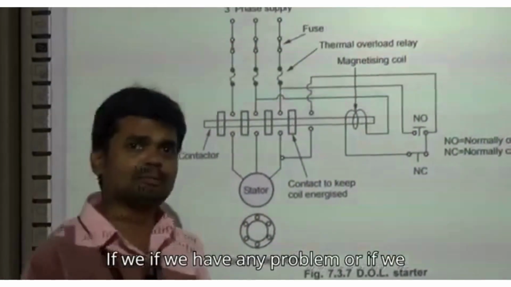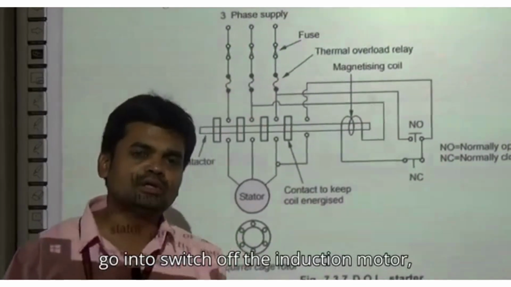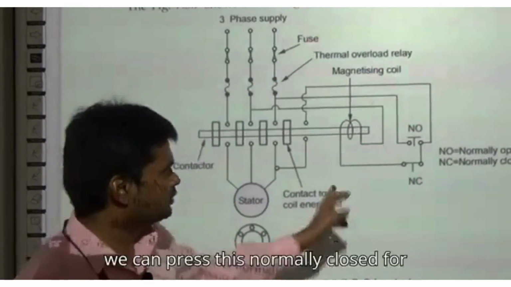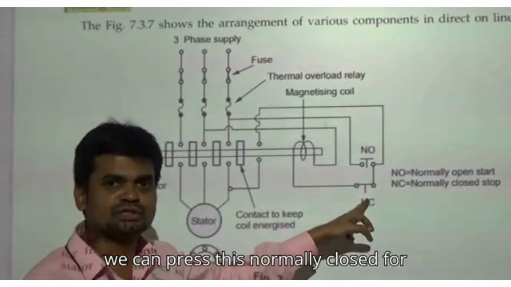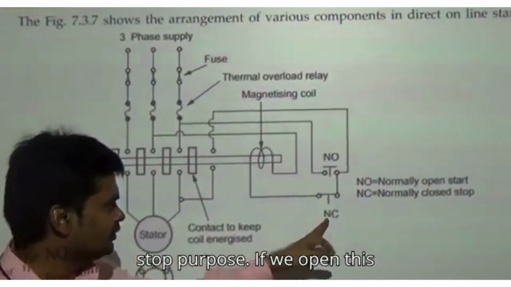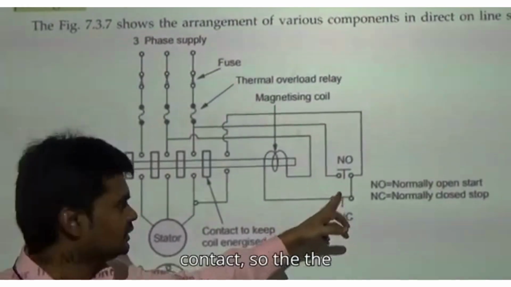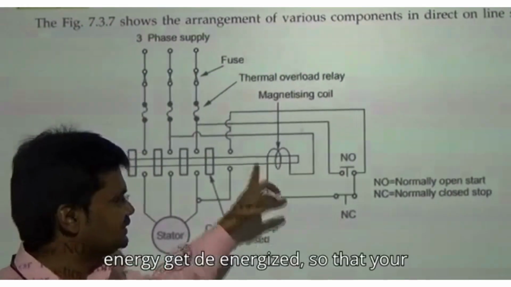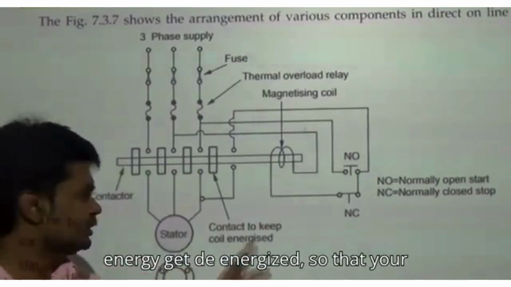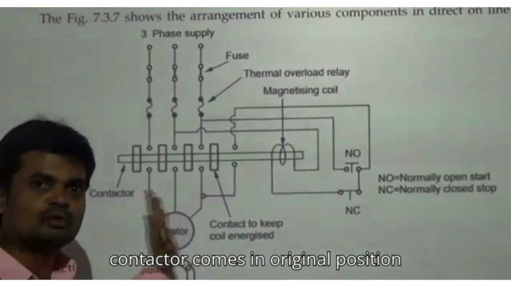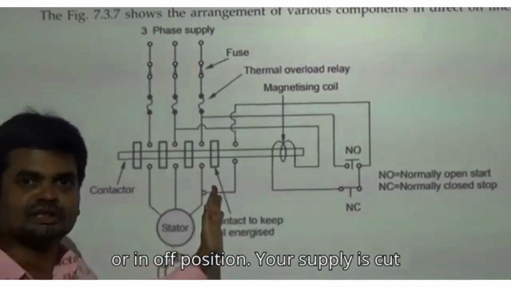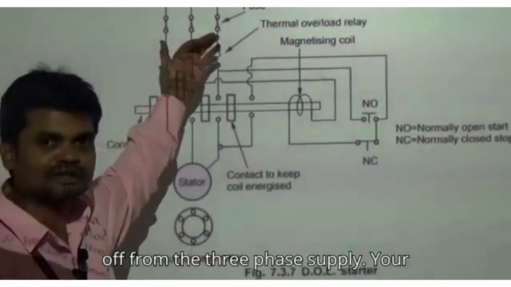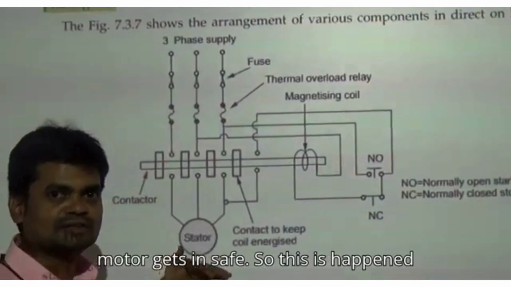If we have any problem, or if we want to switch off the induction motor, we can press this normally closed for stop purpose. If we open this contact, the coil gets de-energized, so that the contactor comes back to its original position, or off position, the supply is cut off from the three-phase supply, and the motor is safe.